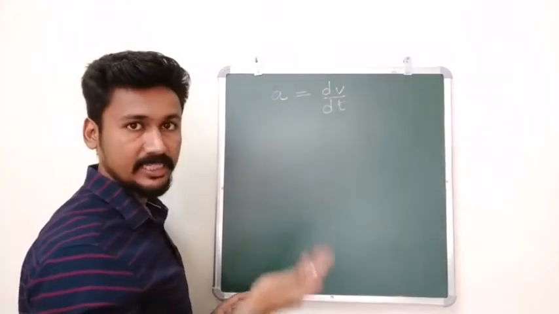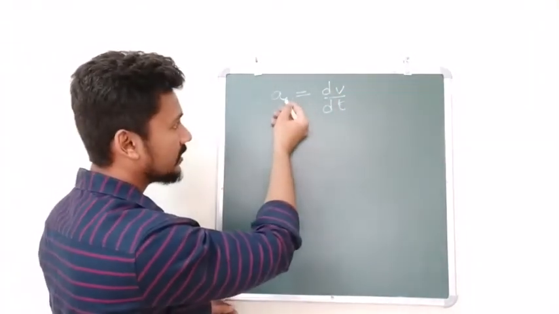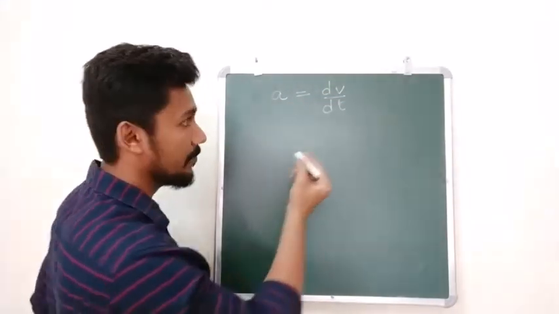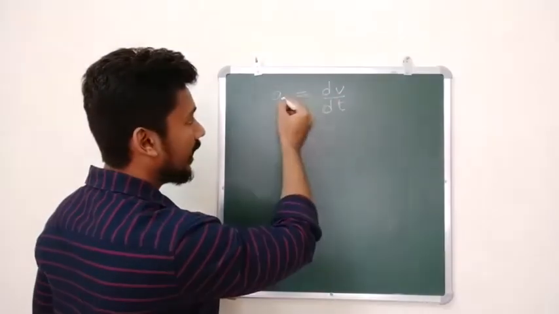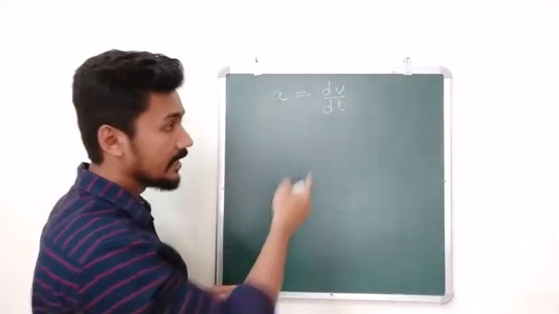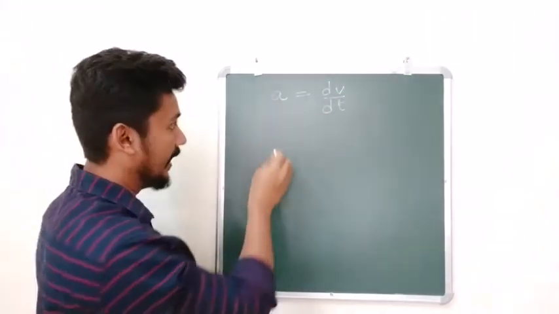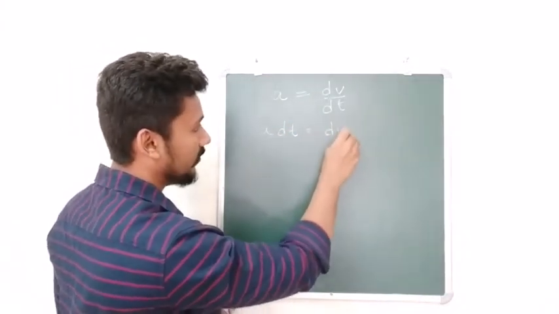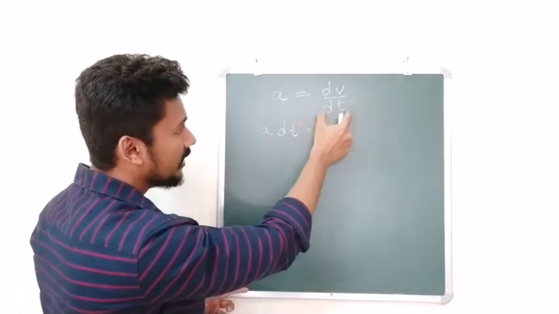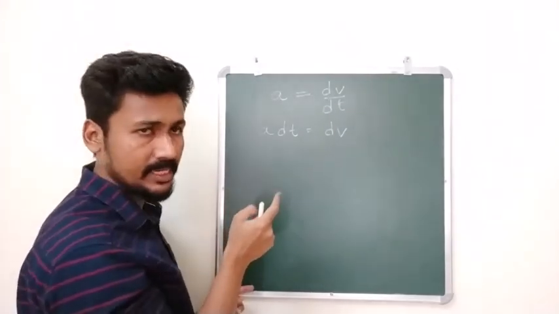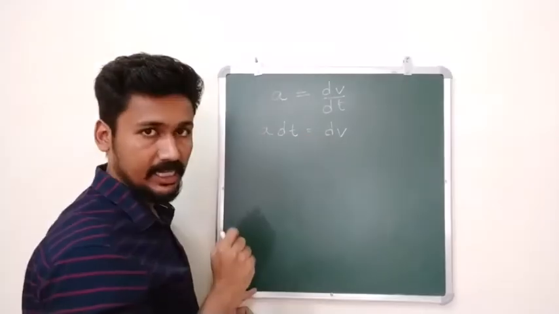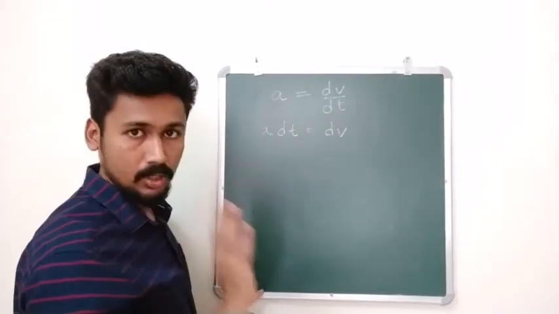This is something that we have seen just now, that acceleration can be written as derivative of velocity with respect to time, right? So a is equal to dv by dt. This equation can be written as a dt is equal to dv. What we did, we took this dt on this side. Correct. So now I got a dt is equal to dv. Fine. I think till here no issues.